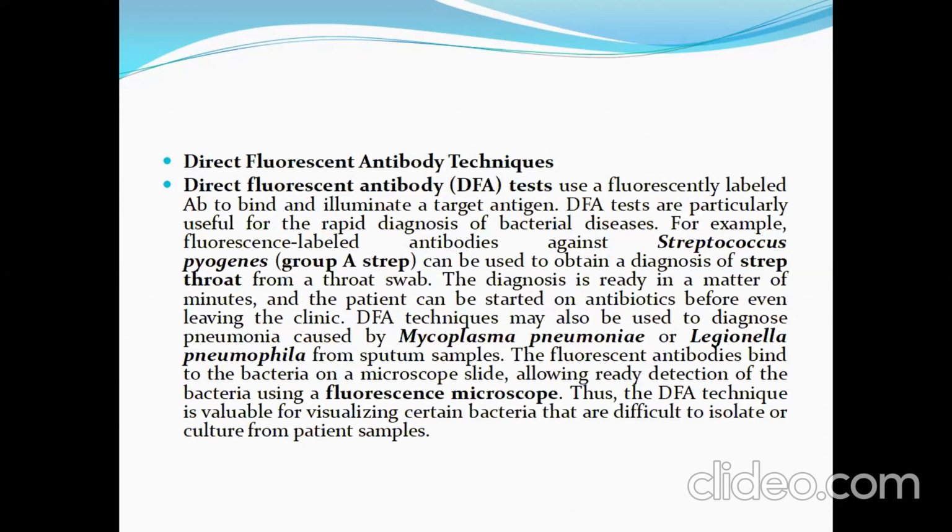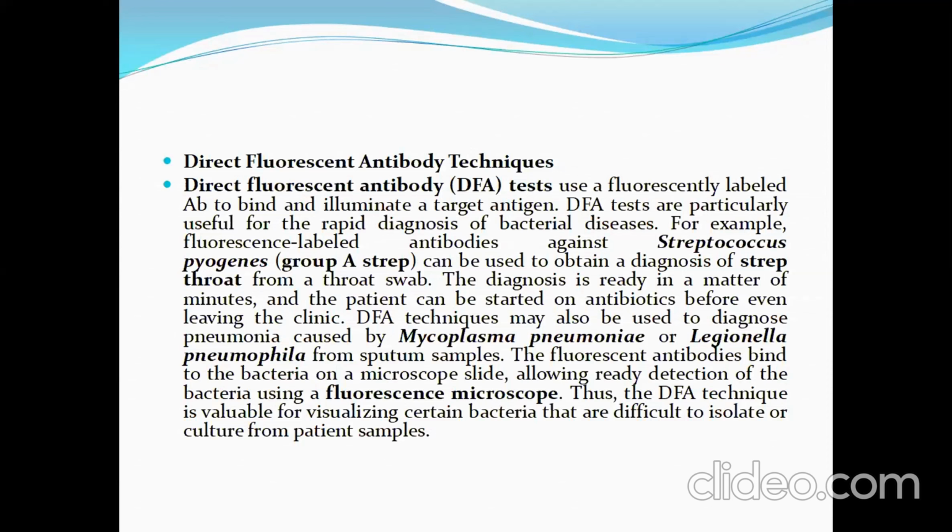So direct fluorescence antibody tests are particularly useful for rapid diagnosis of bacterial diseases. For example, fluorescent-labeled antibodies against Streptococcus pyogenes can be used to obtain a diagnosis of strep throat from a throat swab. The diagnosis is ready in a matter of minutes, and the patient can be started on antibiotics before even leaving the clinic.